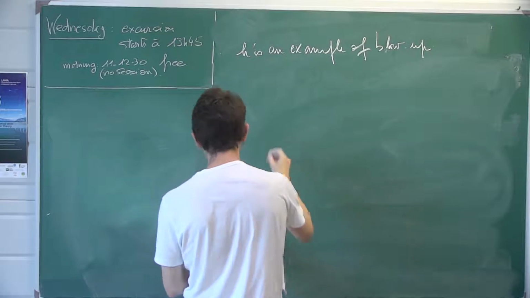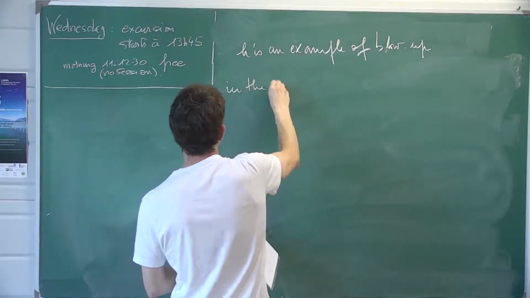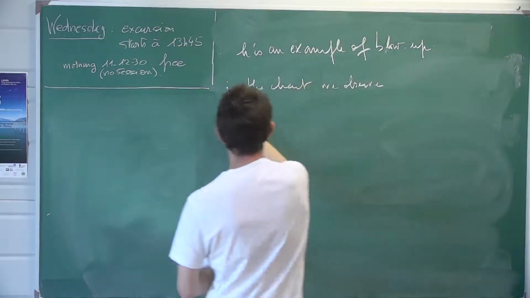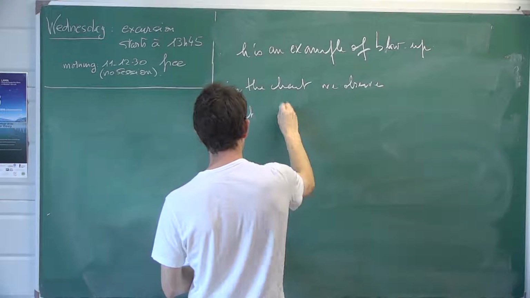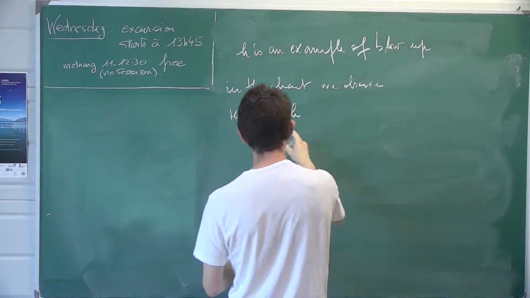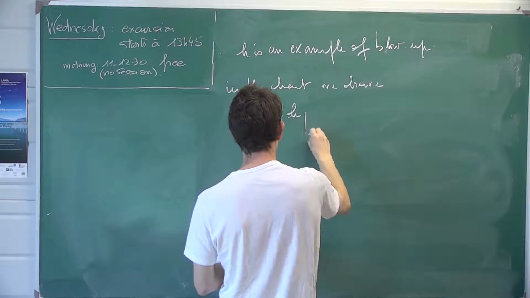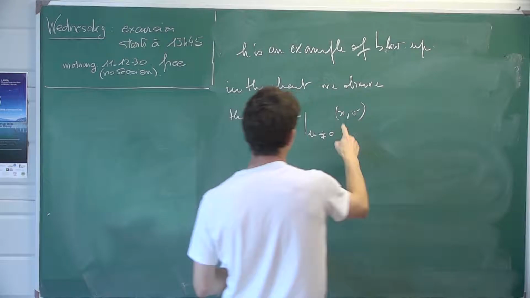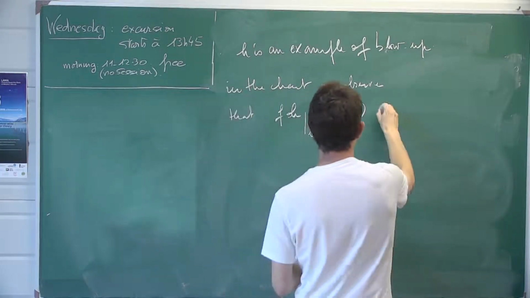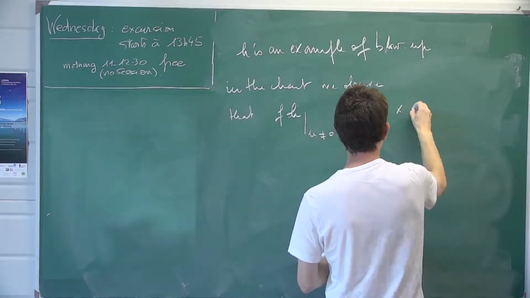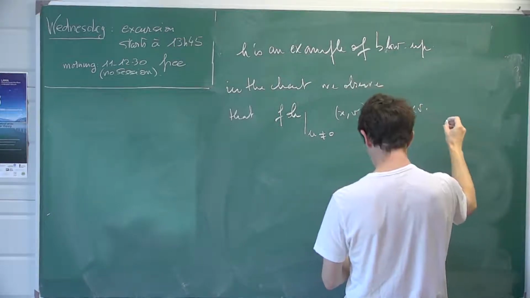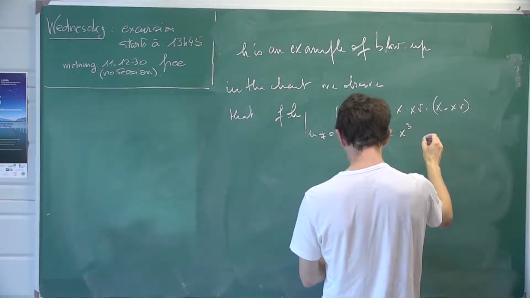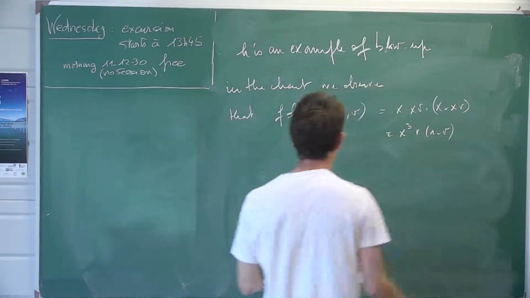And if we look in the chart, we observe that if I look at the composition of f with the blow up on the chart u different to 0, I have an expression in two variables, x and v: x cubed v times (1 minus v).